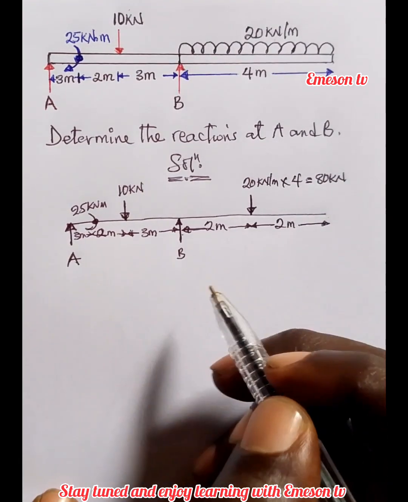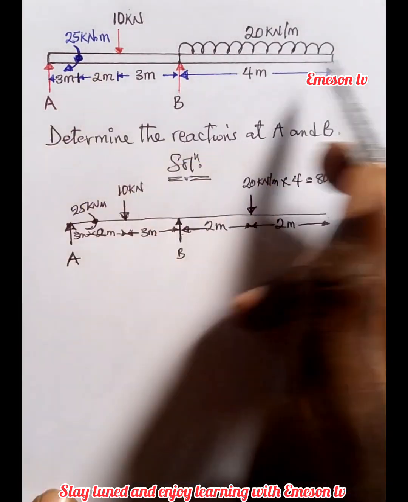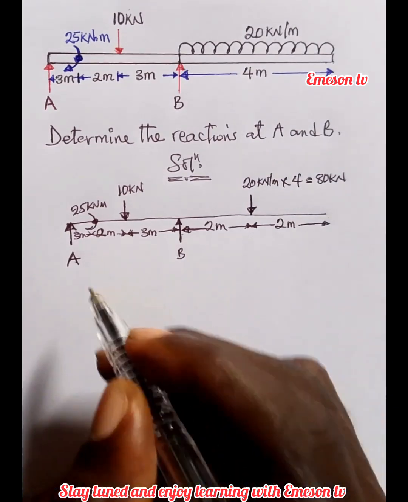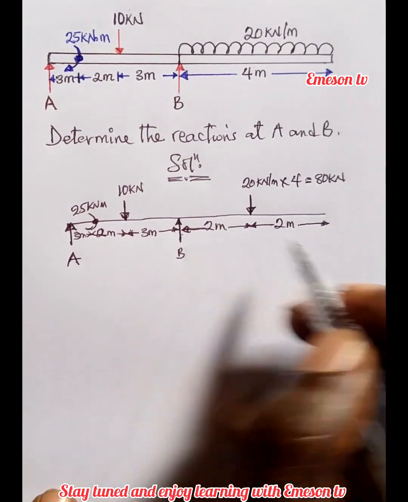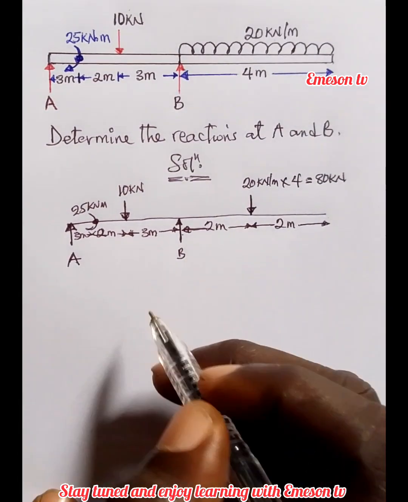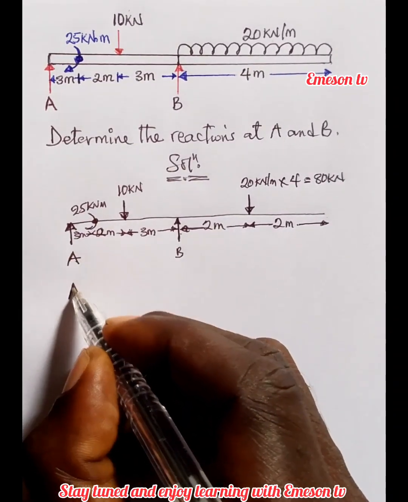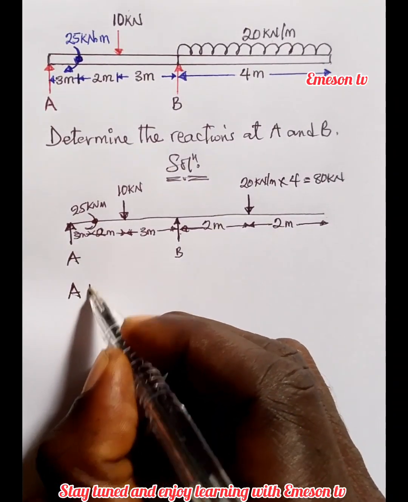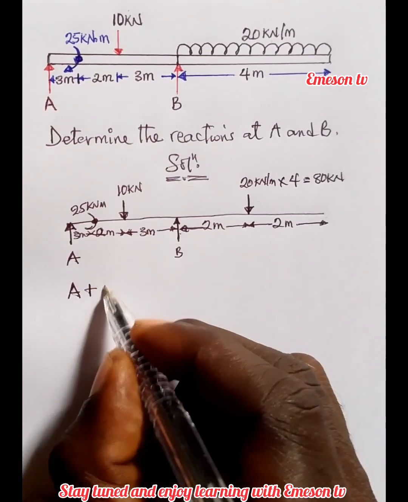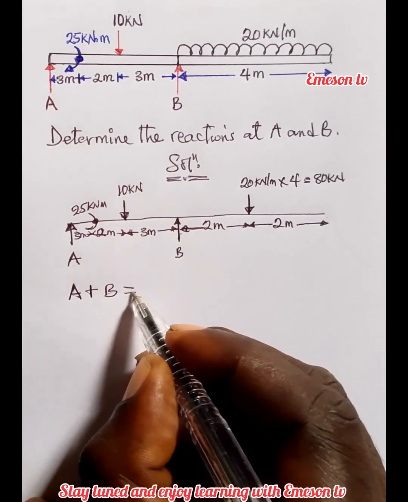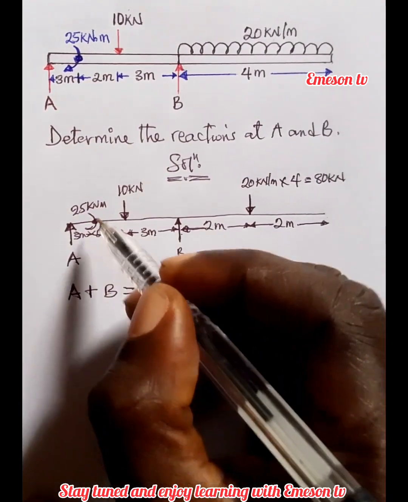Let us assume that this system is in equilibrium. Since our beam is not turning, it means that the sum of the upward force will be equal to the sum of the downward force. So let's say the upward force A plus B is equal to the downward force.